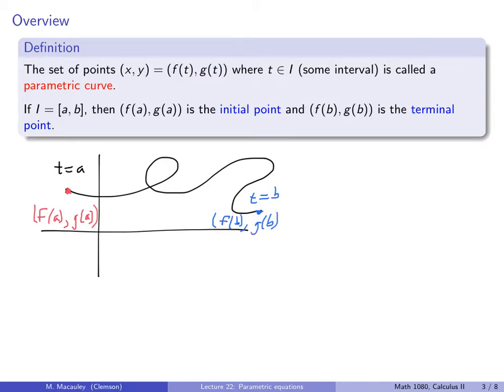And notice there might be self-intersection. There could be places that fail the vertical line test. There's no reason the ant can't do something like this little s. There could be points of intersection, something like this. The ant could be at this point at multiple times. Usually, if we know which direction the ant is moving, then we might draw a line like this just to indicate the direction.